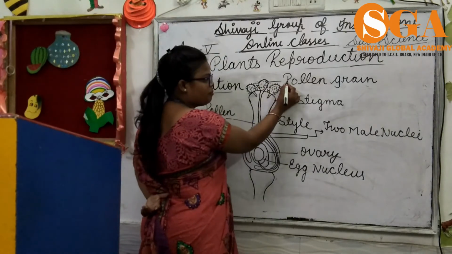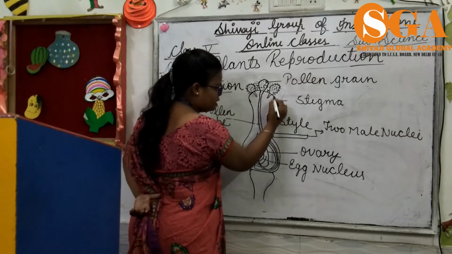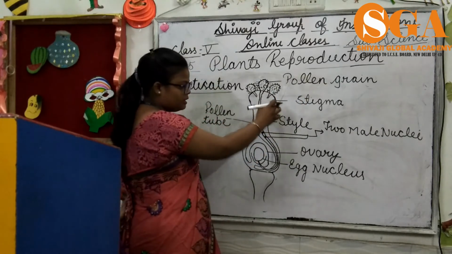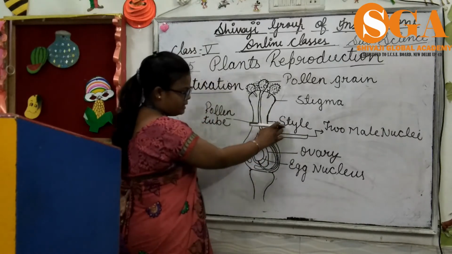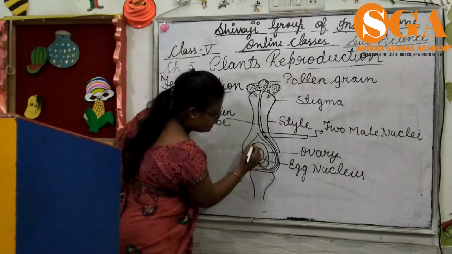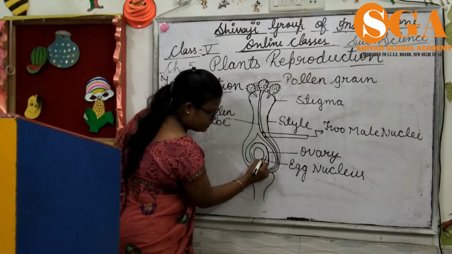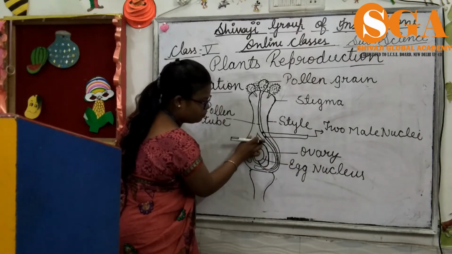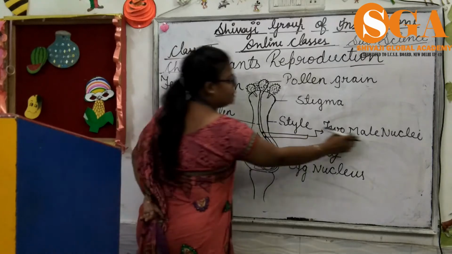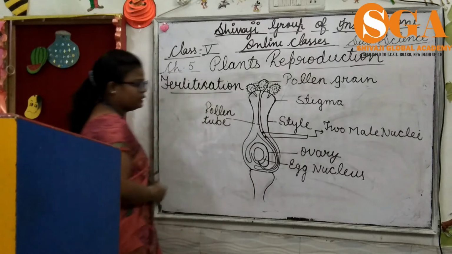Kids, this is the pollen grains and this is called stigma. This part is called style, and this is called ovary. This is the egg nucleus, and here you see two points, that is the two male nuclei, and this one is the pollen tube.